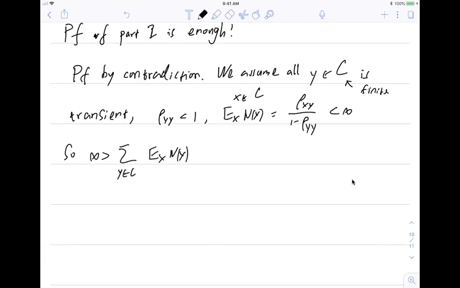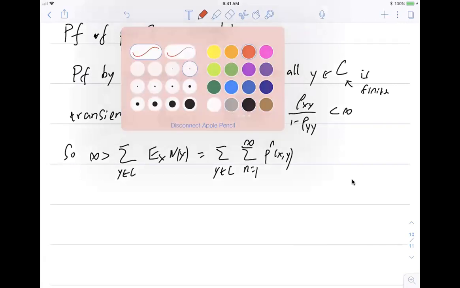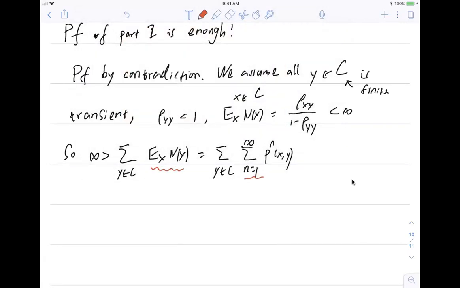So this is finite. Let's rewrite the expectation, as I told you, as the sum of P^n(x,y). This is just the expectation. Maybe it's not straightforward at first, but this is true. You can think for a while why this is true.